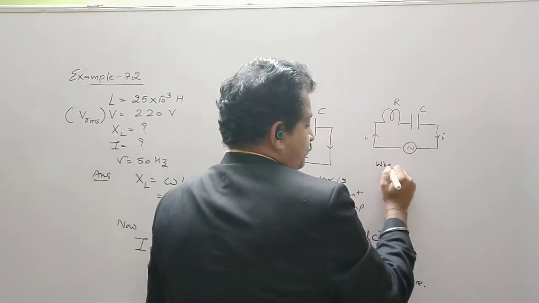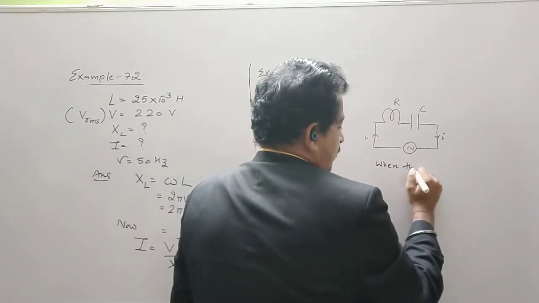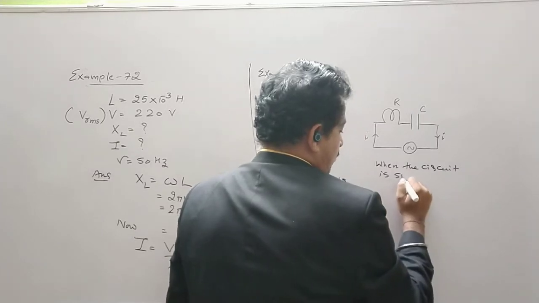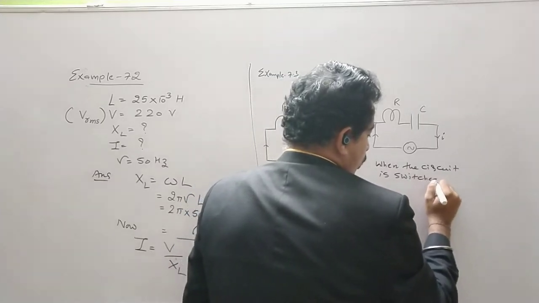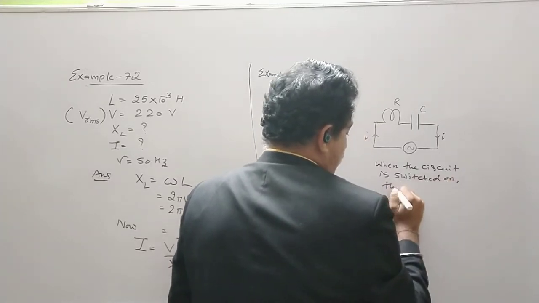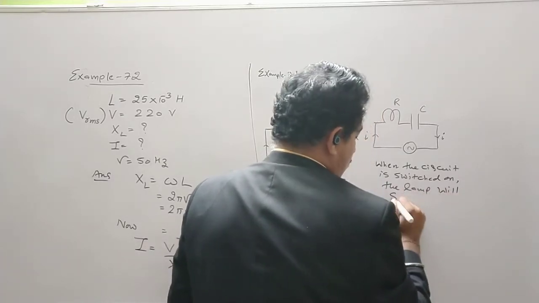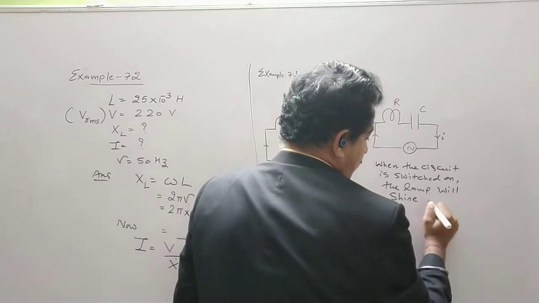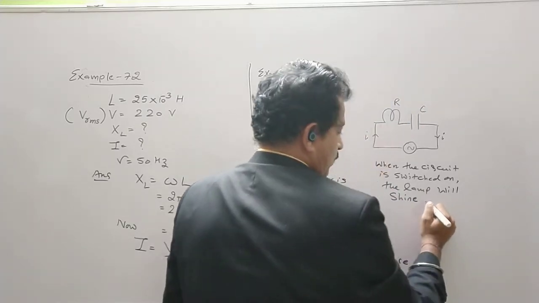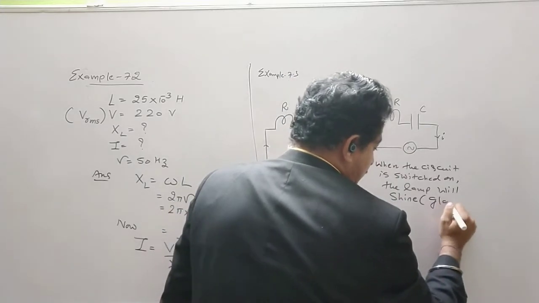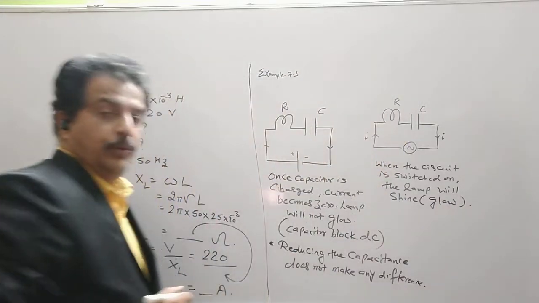When the circuit is switched on, the lamp will shine, or we can say the lamp will glow.